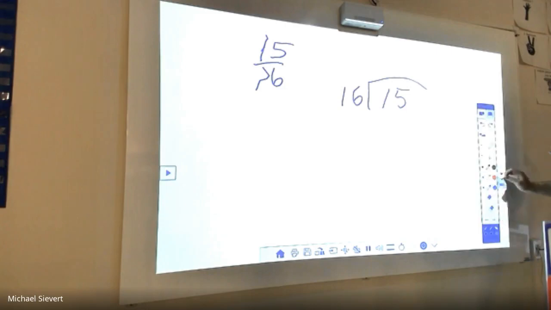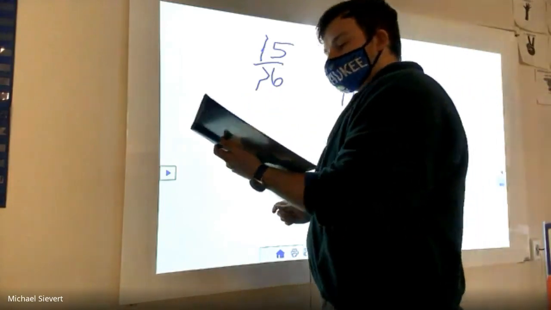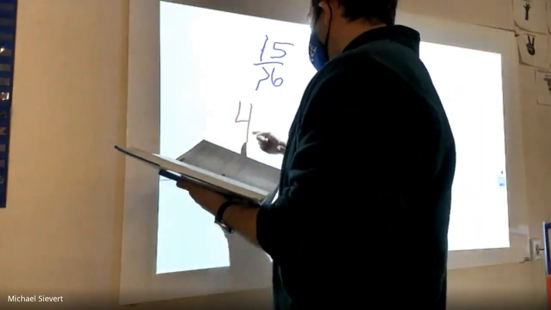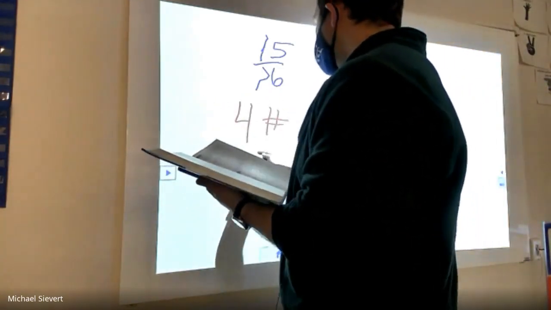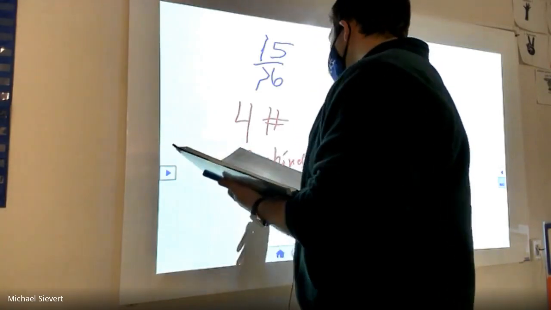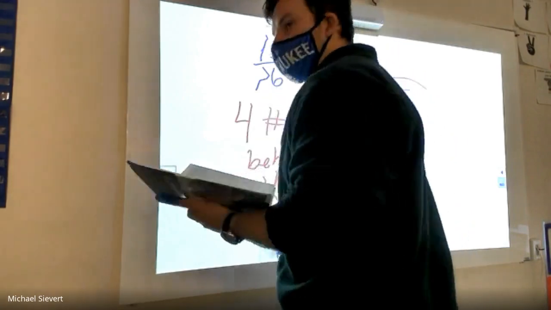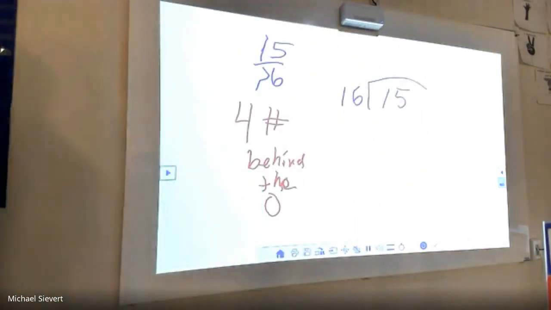I'm going to have you quickly and quietly do that by yourself. You should have 4 numbers behind the 0. Please get working.